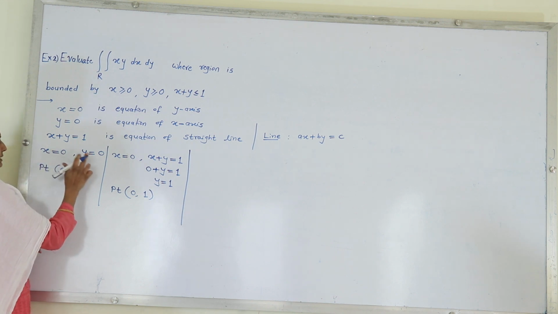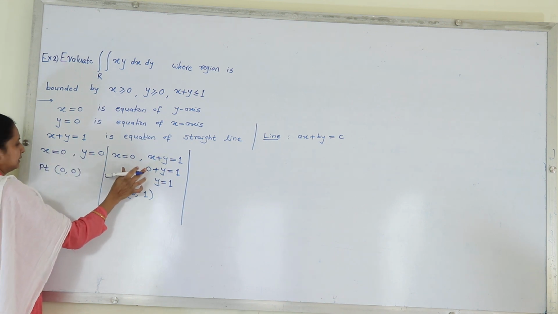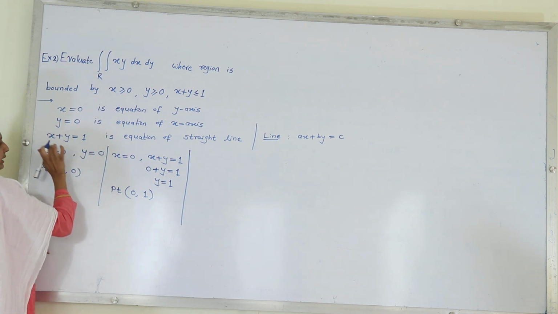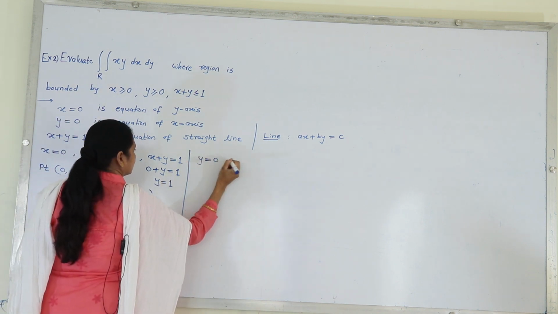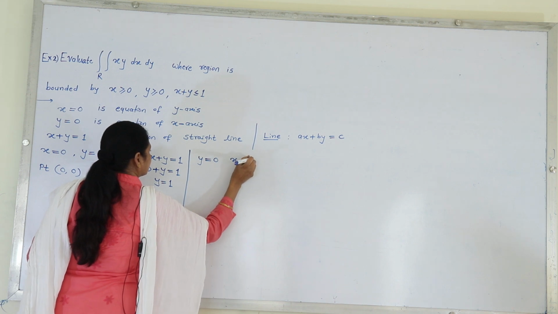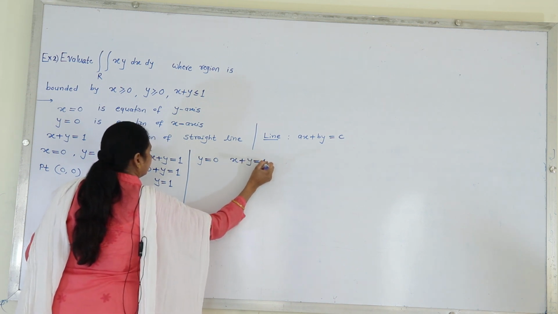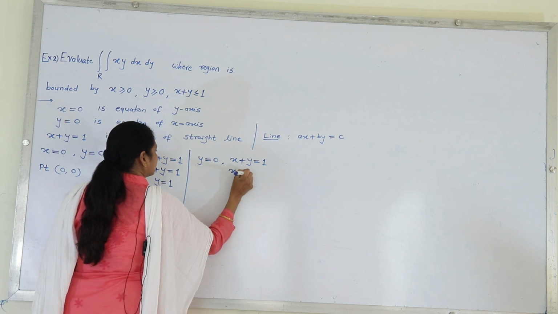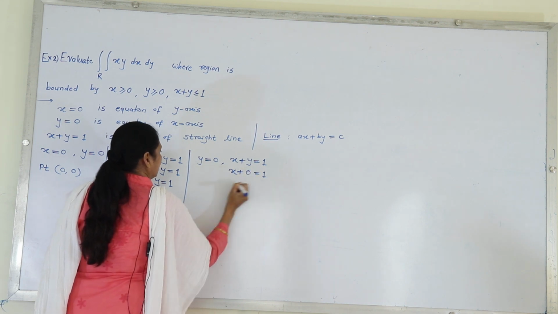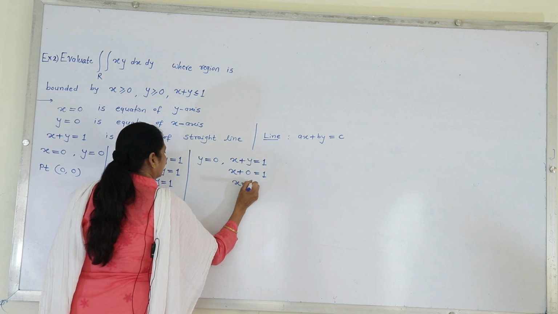Then take the second equation and third equation, y equal to 0 and x plus y equal to 1. Put y equal to 0 in this equation, then x plus 0 is equal to 1, then x is equal to 1.